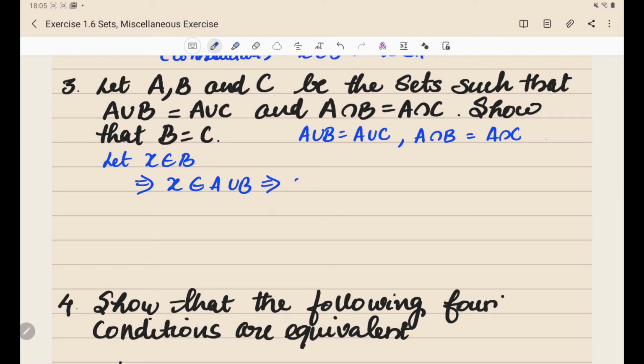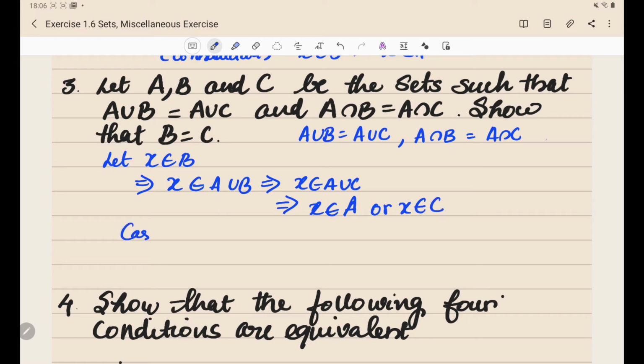Also, you can write that x belongs to A union C. Why? Because it is already said that A union B is equal to A union C. What does that mean? x belongs to A union C. It means that x belongs to A or x belongs to C.